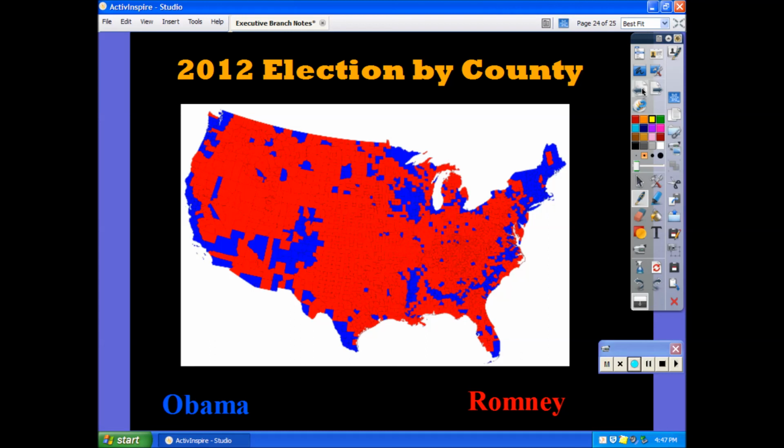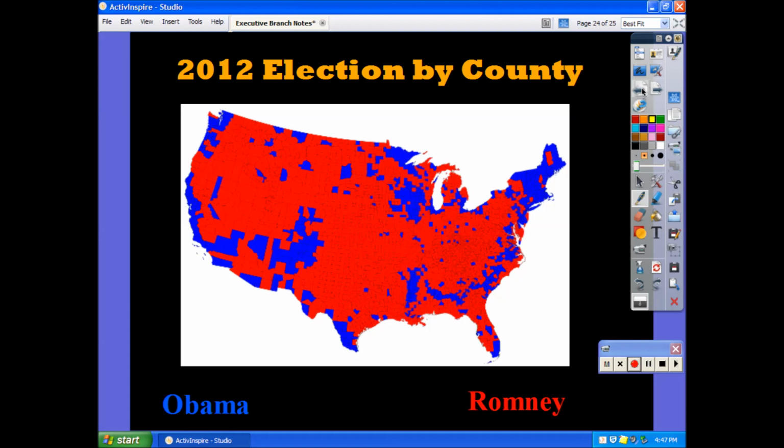If we were counting popular vote, there's enough people there and enough votes there, you could probably become president of the United States. But if we want the president to represent the whole country, to represent a wider variety of people and a wider variety of places, in the middle of the country where there's lots of farmers, and on the coast where there's lots of city dwellers, and in the north where there's people that are of one flavor or kind versus those in the south that might have different attitudes and feelings about things. We want the president to represent everybody, not just people that live in big cities, in big states on the coasts.